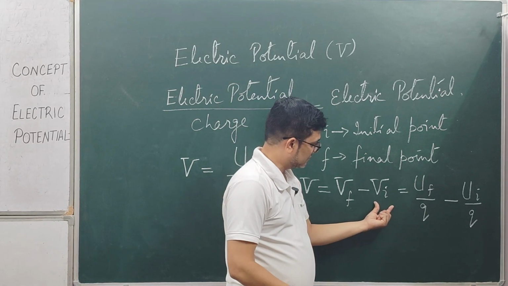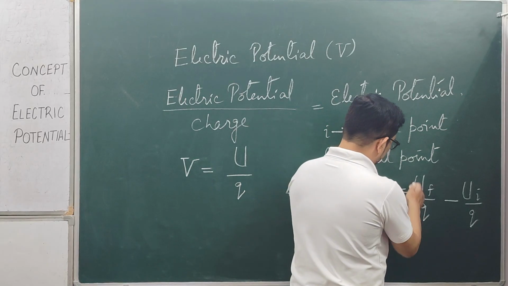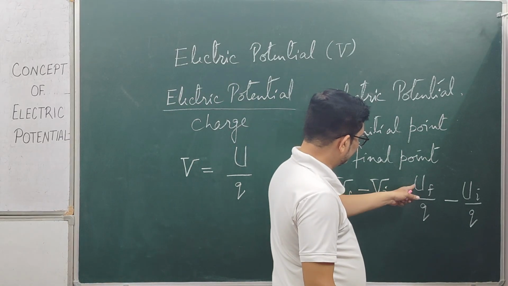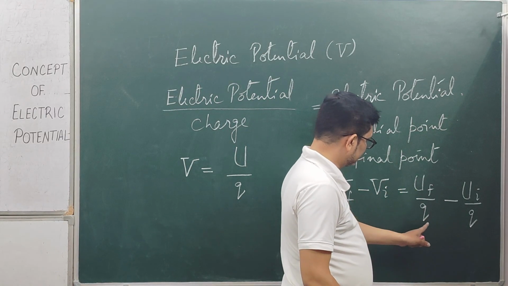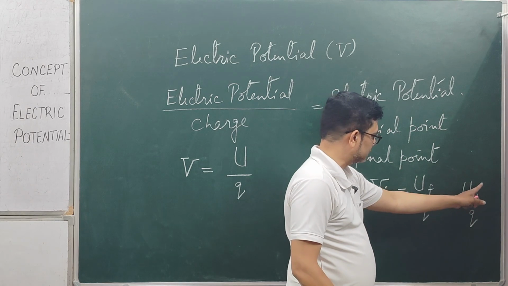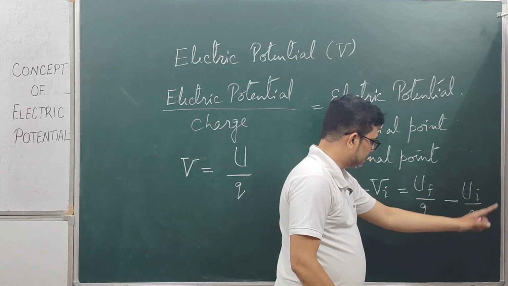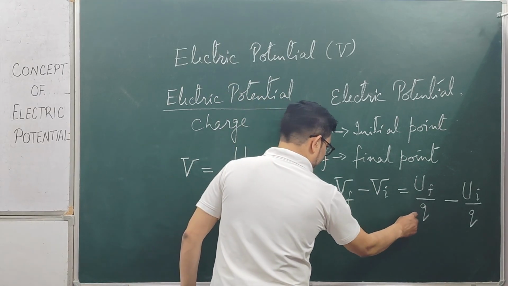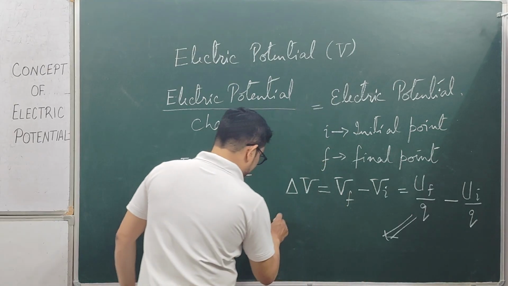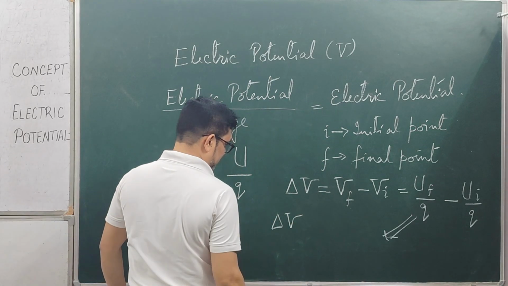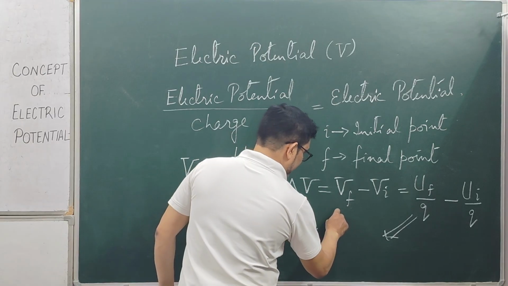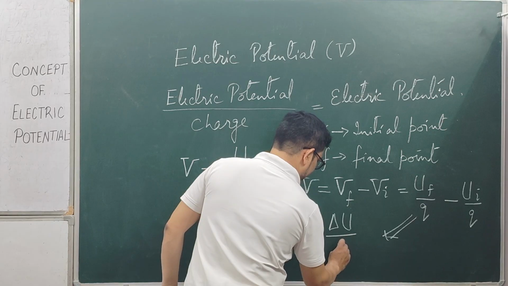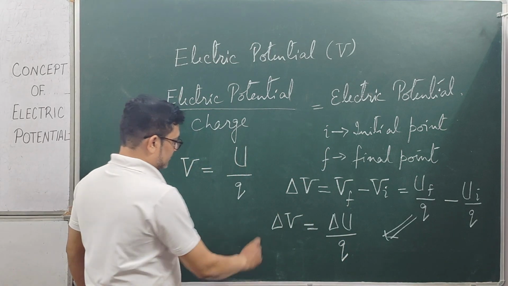And from here, by the definition we have for electrostatic potential, Vf is Uf, the potential energy, divided by Q, minus Ui, the potential energy that was there initially, divided by Q. So from here we can write this difference in potential as, if you take Q common, the change in potential energy per unit charge.